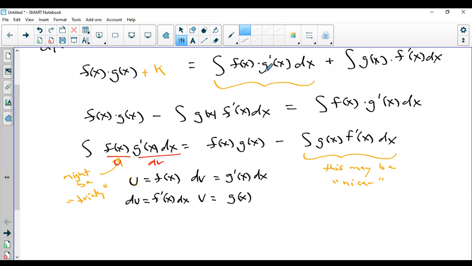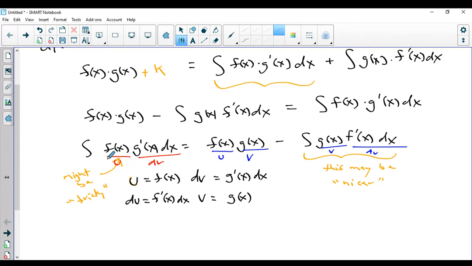So now what was the point of that? Well, take a look at what we got here. f of x in our little substitution technique here is u. g of x turns out that's v. f prime of x dx, that's du.